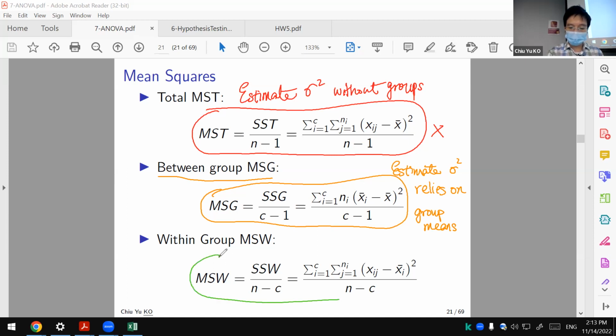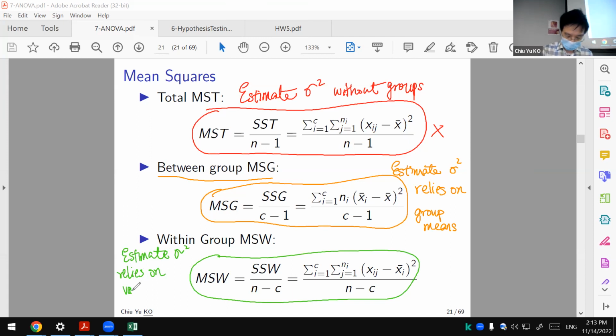And this is another way to measure sigma squared. Here we estimate sigma, which relies on the variation, the difference within the group, because you subtract from the group mean.